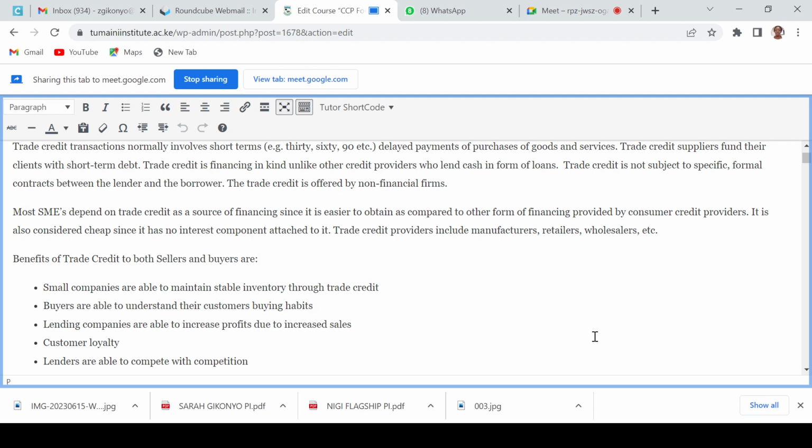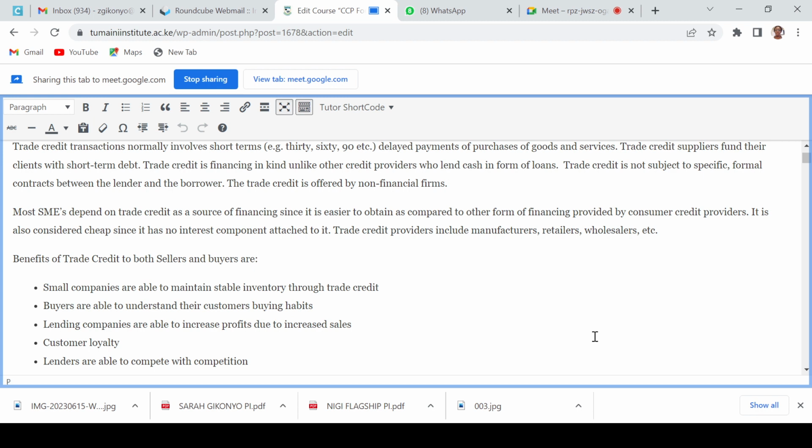Thank you very much. So let us think now of trade credit. Does it have any benefits? Are there benefits to the buyers, to the sellers? Of course, you can imagine when I am buying 200 kilos of rice or sugar, and I will sell these items to so many customers for a long period of time, it may not be viable for me to buy all of it in cash.